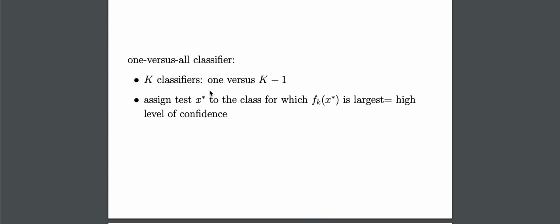When we talk about the one versus all classifier, we have k classifiers, one versus the k minus 1, and then we assign x star to the class for which f_k(x star) is largest, high level of confidence. f_k(x star) is proportional to the distance from the hyperplane for the kth classifier.